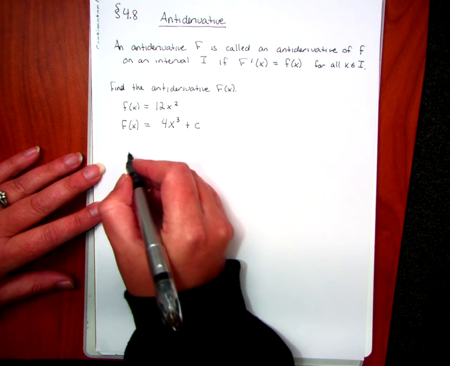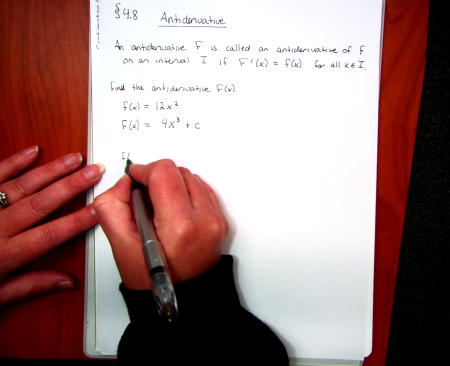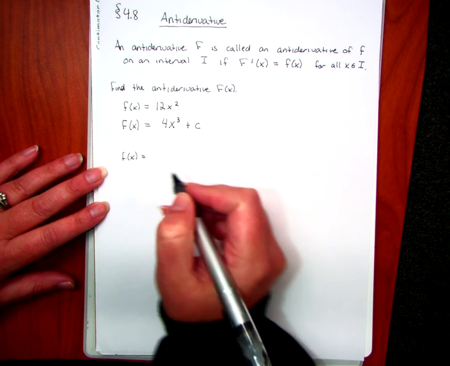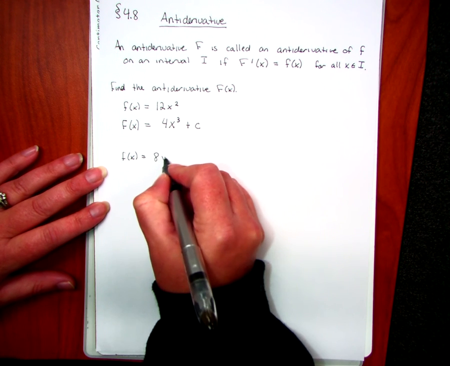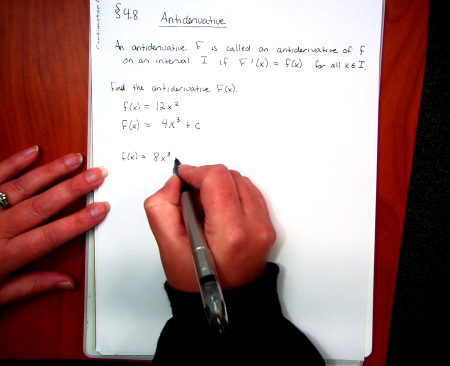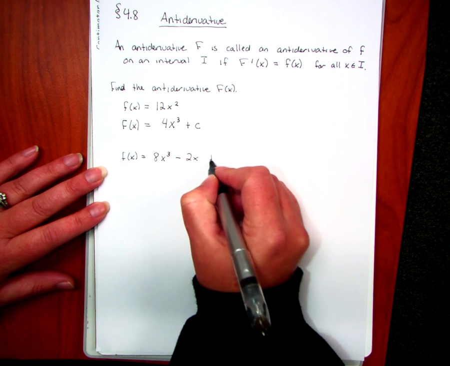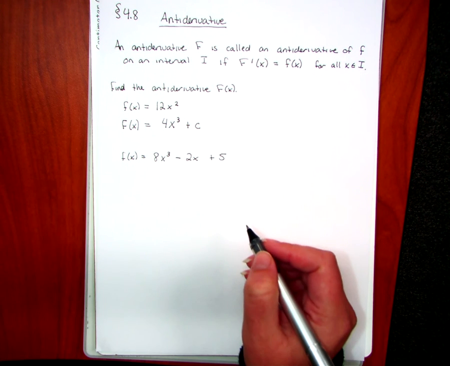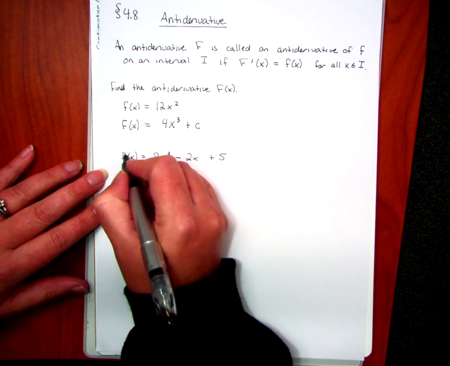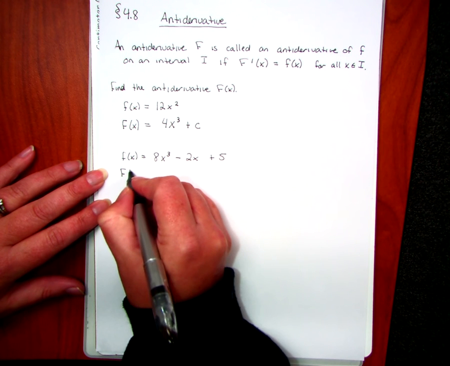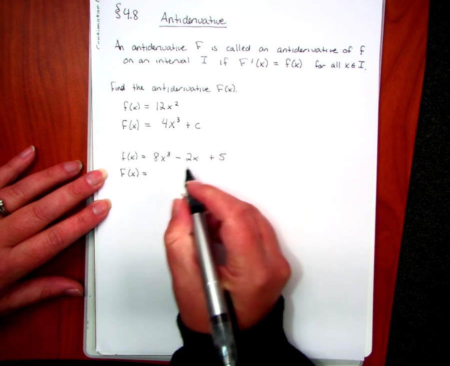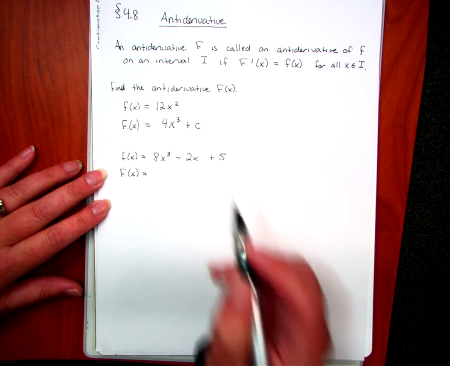So let's try another one. Okay, another polynomial here. Alright, so here's my little f. If I wanted to find the antiderivative, I'm just going to take each term individually.